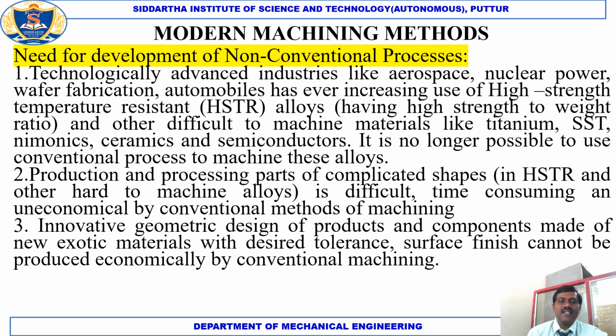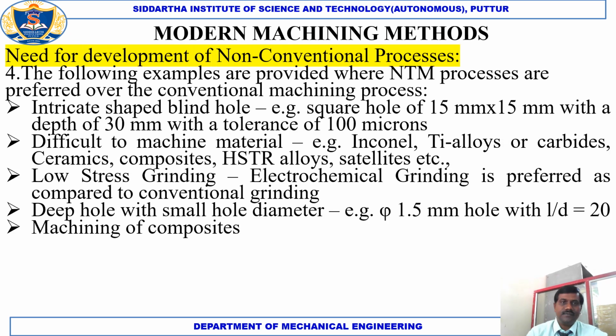So wherever there is a requirement of exotic designs, high tolerance and high surface finish, and these requirements are not possible by conventional machining processes, there is a need to develop these modern machining methods. Another point: the following examples are where these non-traditional or modern machining methods are preferred over conventional machining.